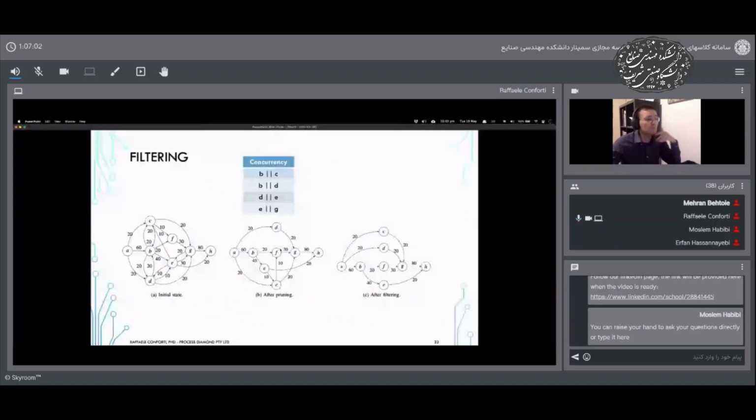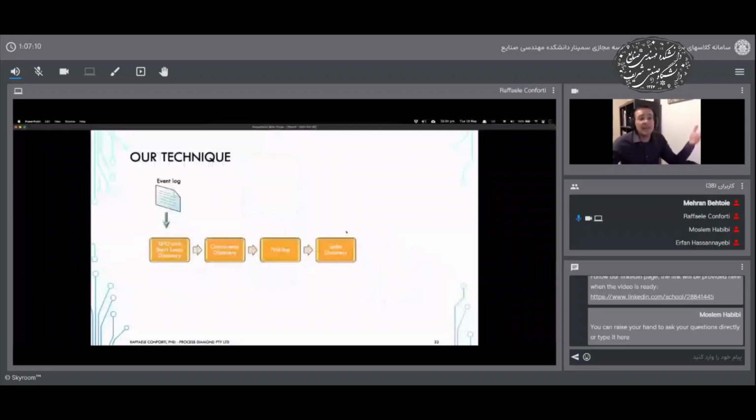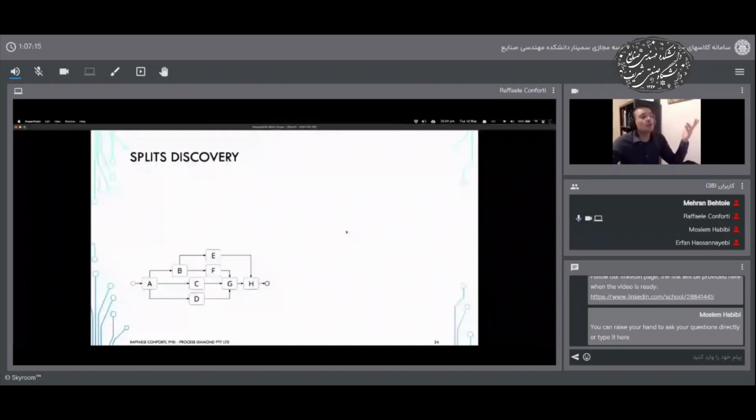Now starts the more complex part. The first part is discovering the gateways, so the splits. In our algorithm, we look for activities that have more than one outgoing arc.